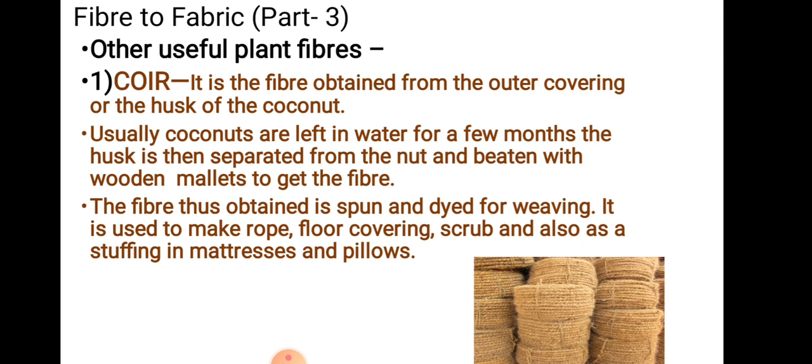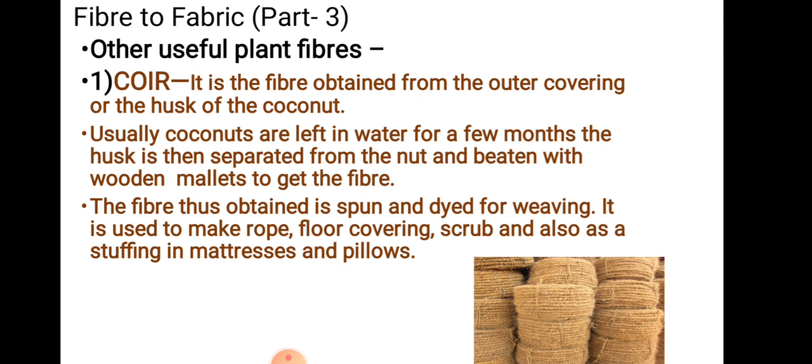Usually coconuts are left in water for a few months. The husk is then separated from the nut, means from the whole coconut, and beaten with wooden mallets to get the fiber. The fiber thus obtained is spun and dyed for weaving. It is used to make rope, floor covering, scrub, and also as a stuffing in mattresses and pillows.